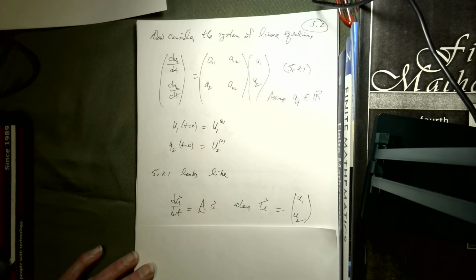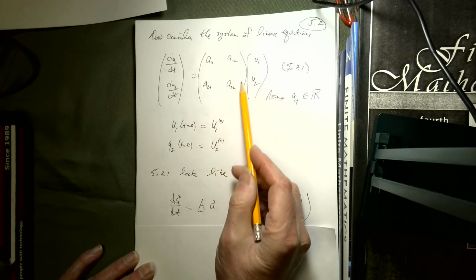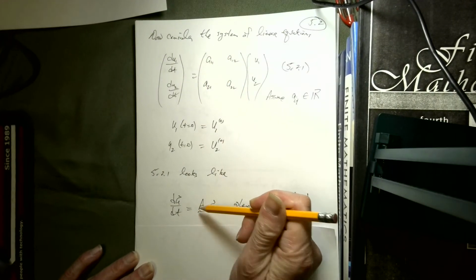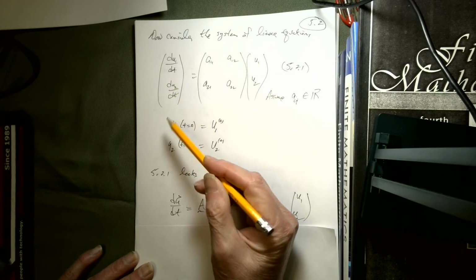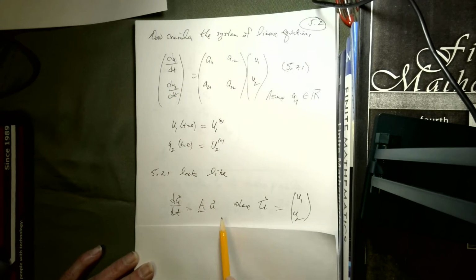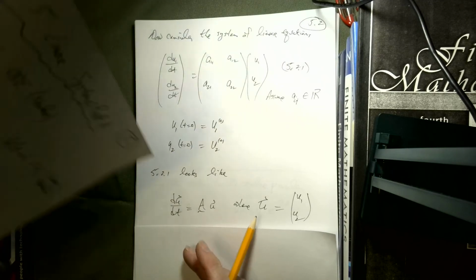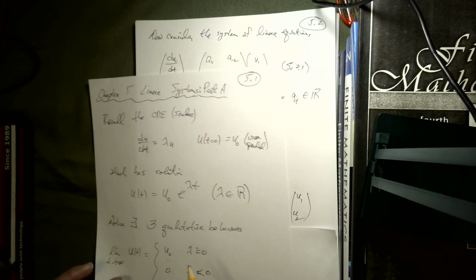So if I rewrite this with the matrix A, a constant matrix, then I have du/dt as a vector. So this is a matrix equation, and it looks very similar to our scalar ODE.